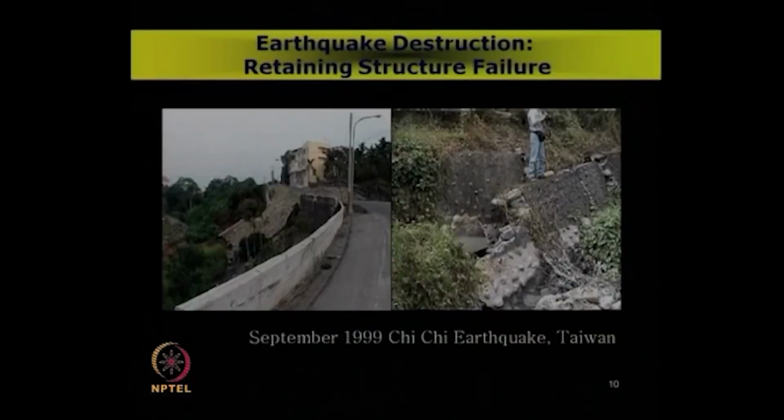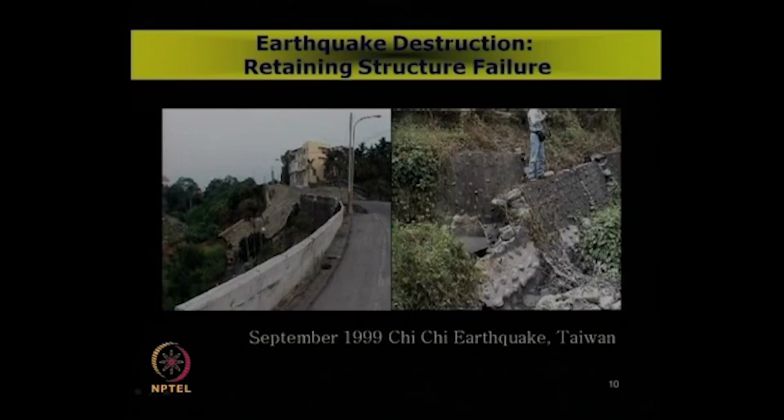Then we had also seen the earthquake destruction on the retaining structure, that is, you can see this is the portion of the retaining wall which withstood the September 1999 Chichi earthquake, which occurred in Taiwan, but at some location there was a failure of the retaining wall.